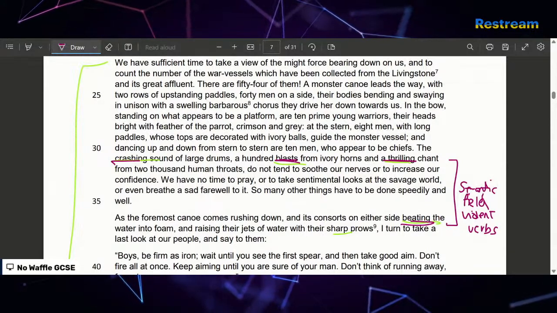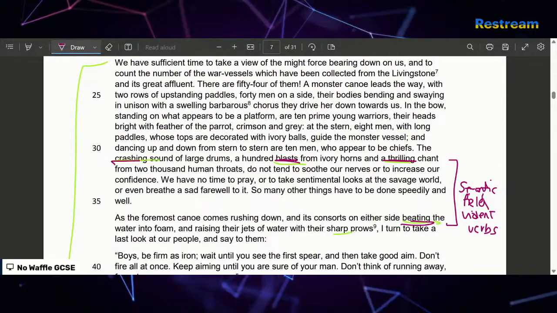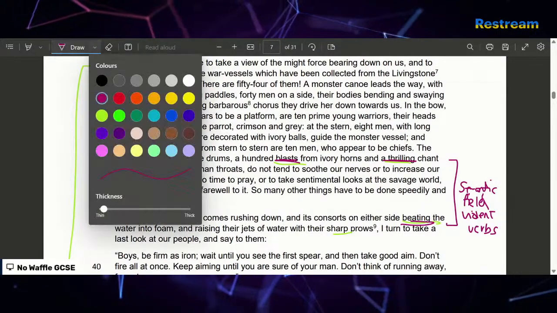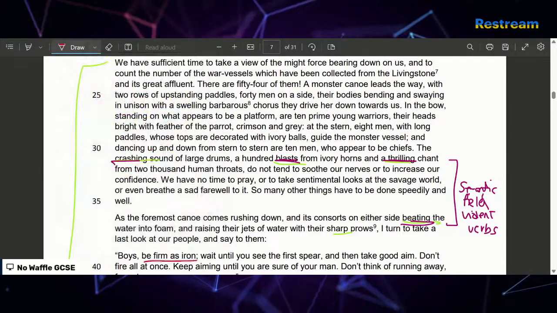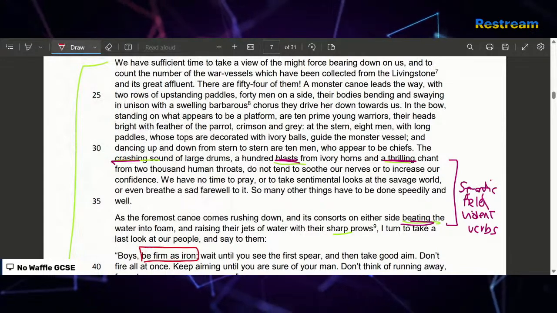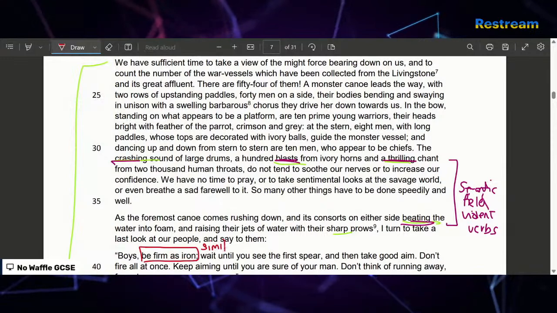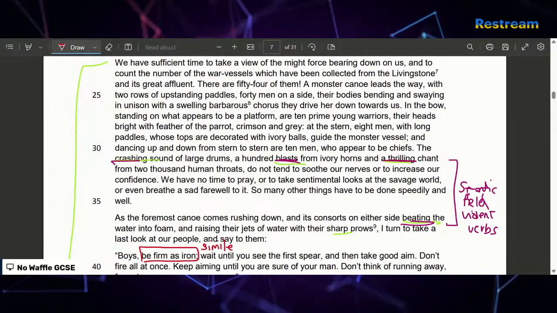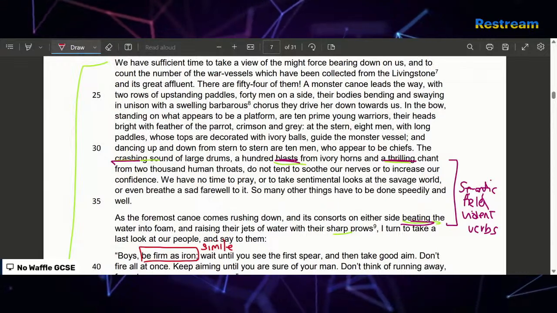So, do we see any similes? Do we see any metaphors? Now, there definitely was one simile here. So we've got "Boys, be firm as iron." Now, "firm as iron," this is a simile. There will always be a simile discussed in this question, question 3. So what is this simile saying? Be firm as iron.